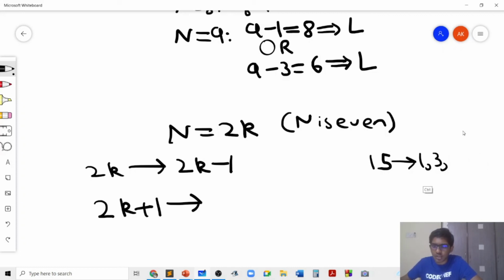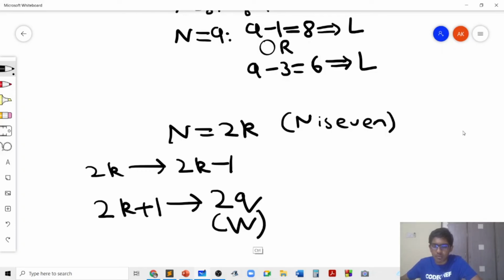So if you notice, the factors of 15 are all odd, and that means from any odd number, in general, we can subtract only an odd number and we'll basically go to an even number. So from an odd number, we can only go to an even number, and that's why we can only go to a winning state from an odd number.